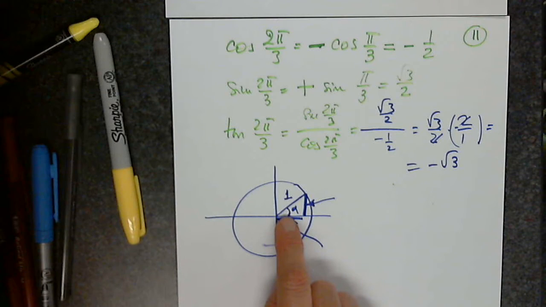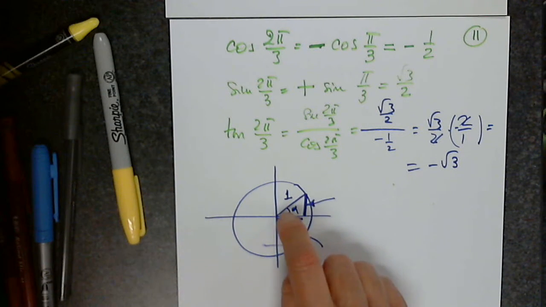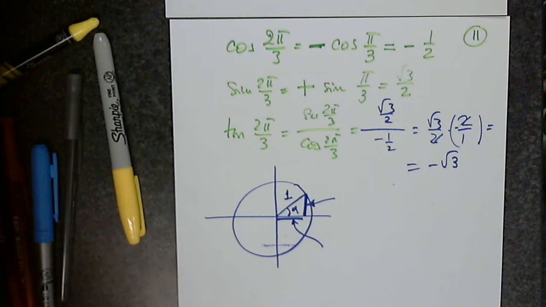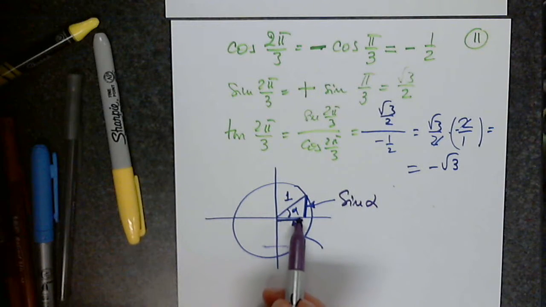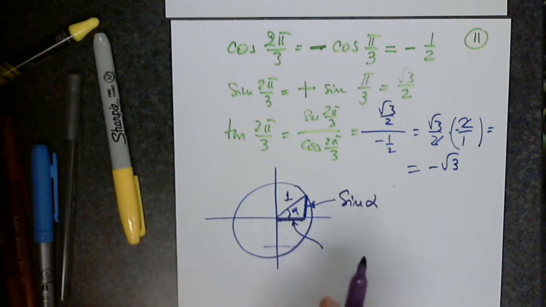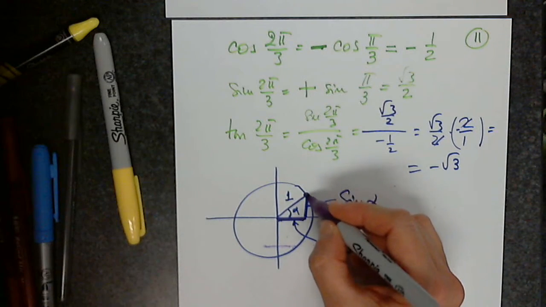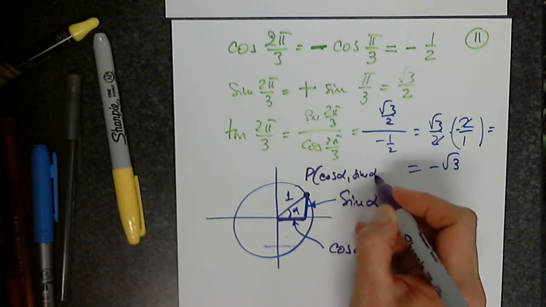For any angle alpha, this height, the opposite, when the hypotenuse is 1, is always sine alpha. This piece is always cosine alpha. We know that from the fact that this point has coordinates cosine alpha, sine alpha.